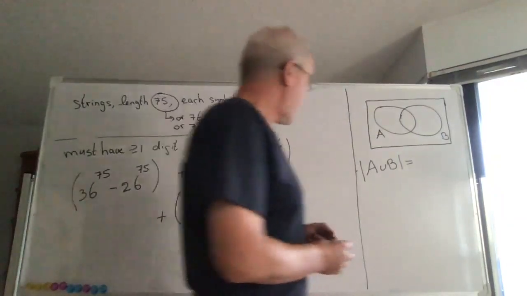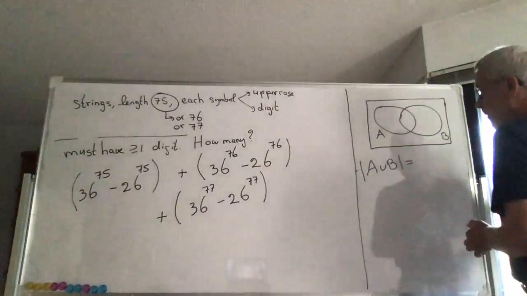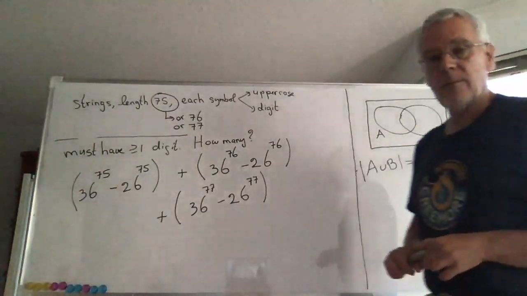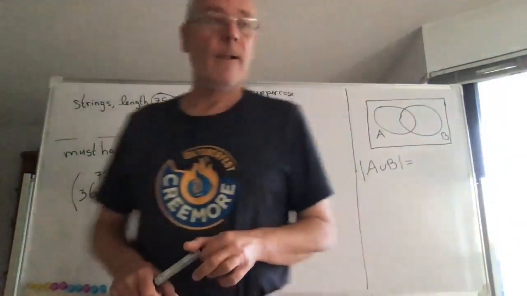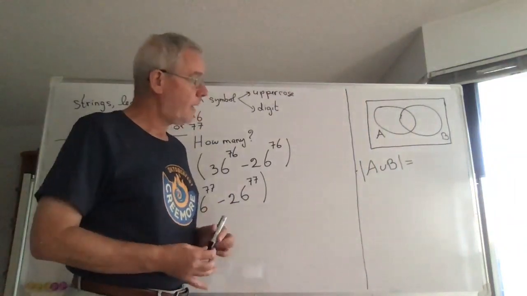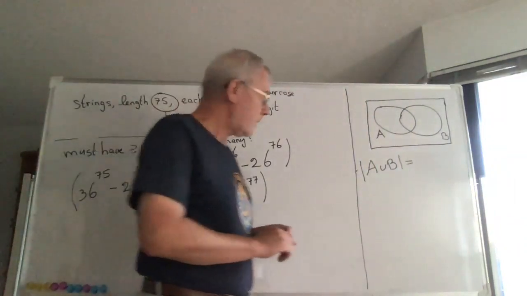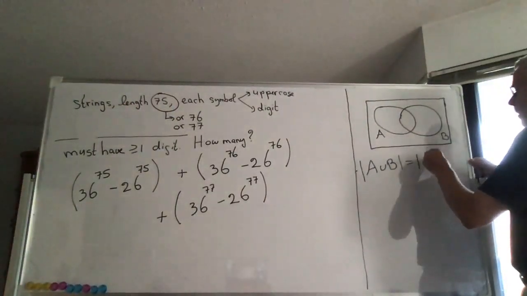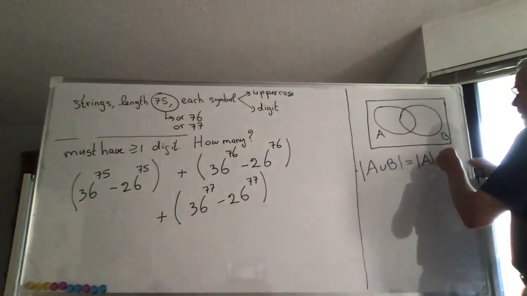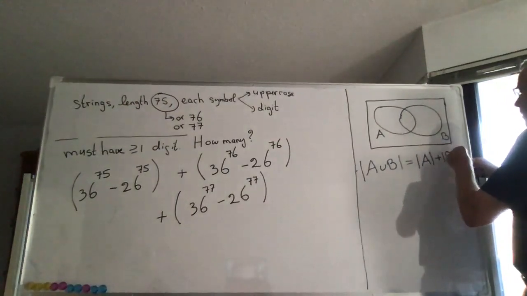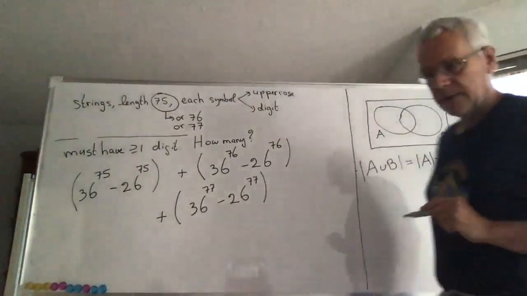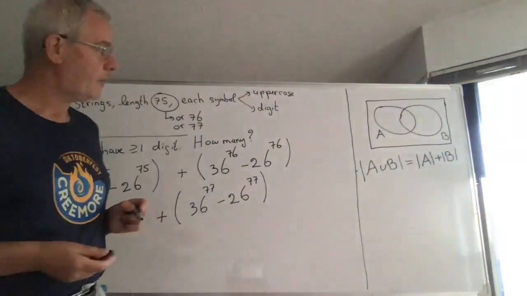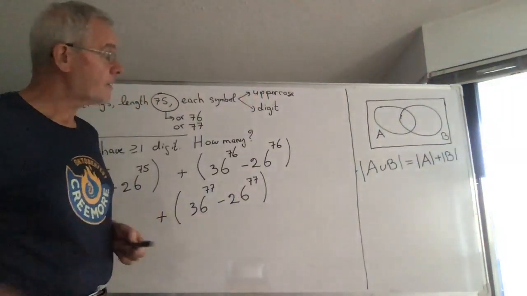Okay, now as we saw, for the sum rule, if A and B are disjoint, then it is equal to the size of A plus the size of B. So let's just start with this. Okay, so this is not a final answer yet, but at least we start like this here.